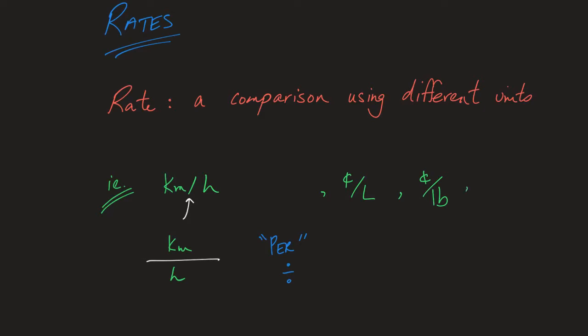Maybe you see a certain amount of dollars per 100 grams because something's really tiny. We have a number of ways that we talk about rates. Rates pop up in our lives daily. We have to make sure that we're comfortable with them. So let's hop in and play around with some problems.